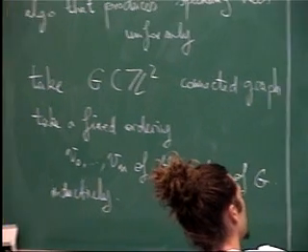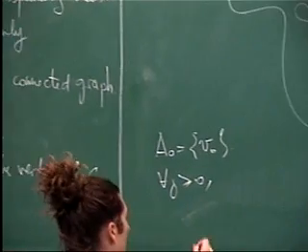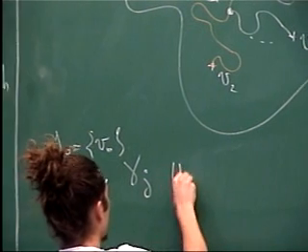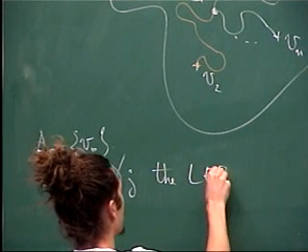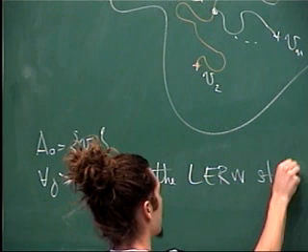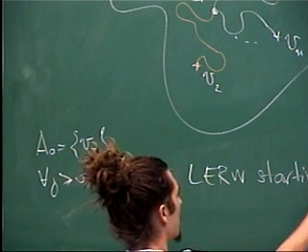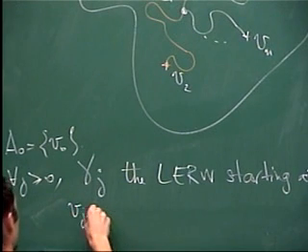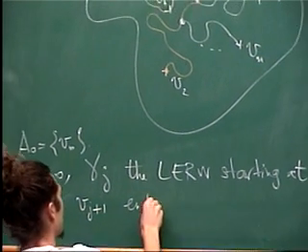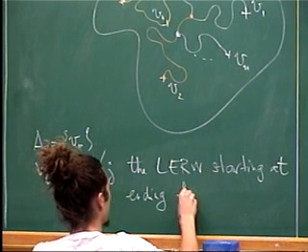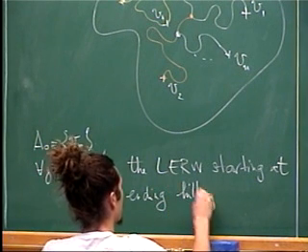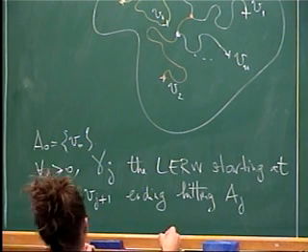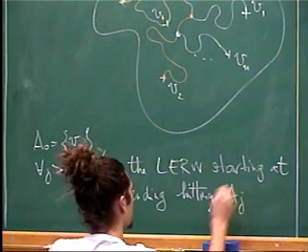For all j positive, define gamma_j, the loop-erased random walk starting at V_{j+1} and ending at the hitting of what we already have, which in this case is A_j.